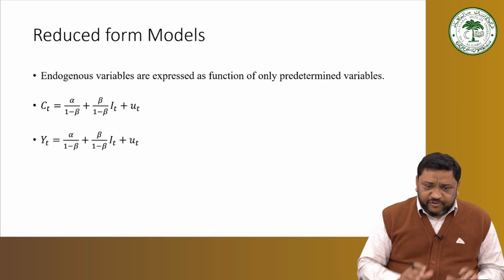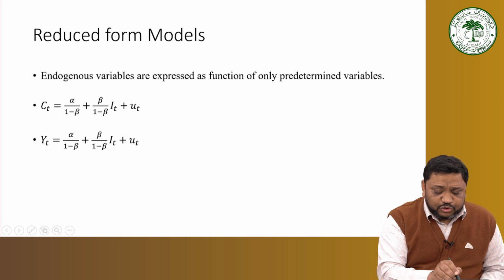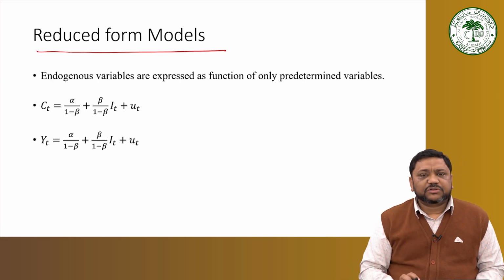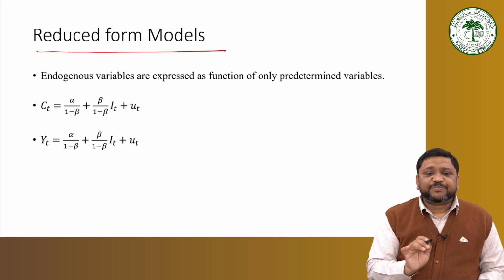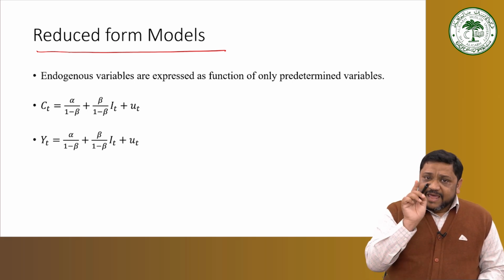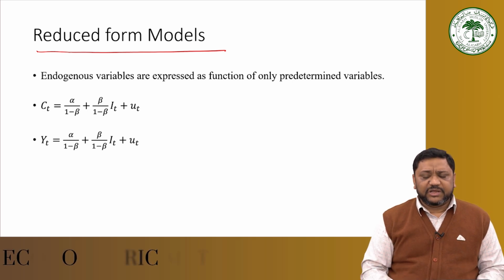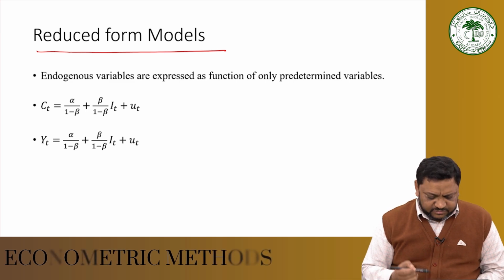Now, from those same structural models, we can derive the reduced form models. Here the endogenous variables are expressed as a function of exogenous, or you can say predetermined, variables only. How we get it, we will show just after a few moments.